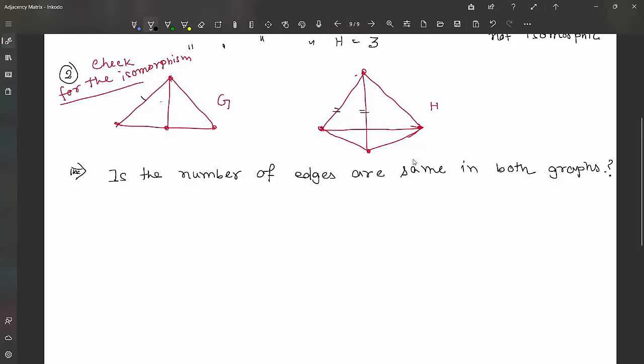Here also 1, 2, 3, 4, 5 and there is 6. So in this graph the number of edges is 5, but in the other graph the number of edges is 6. So the number of edges in G is 5, whereas the number of edges in the graph H is 6. That's why they are not isomorphic.